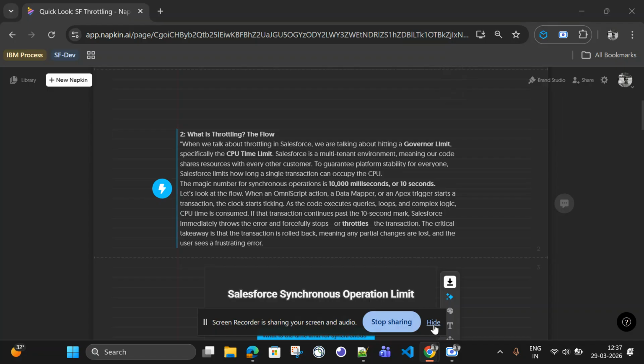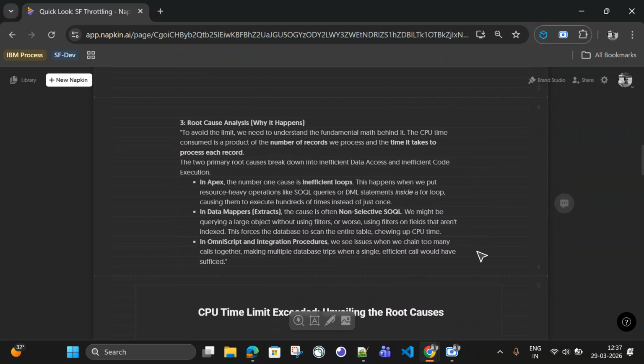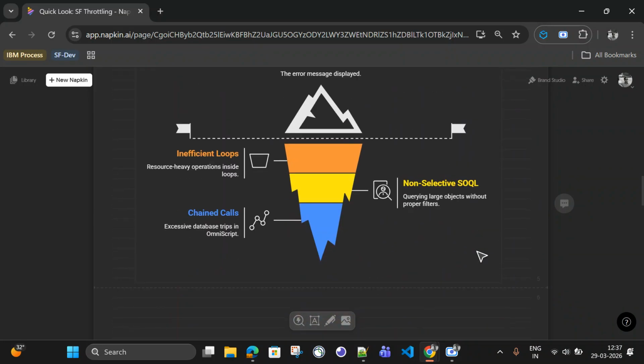So now, how do we avoid this, and what are the things which can be a cause for this throttling? If we analyze the root causes, the major contributors are inefficient loops. What do I mean by inefficient loops?